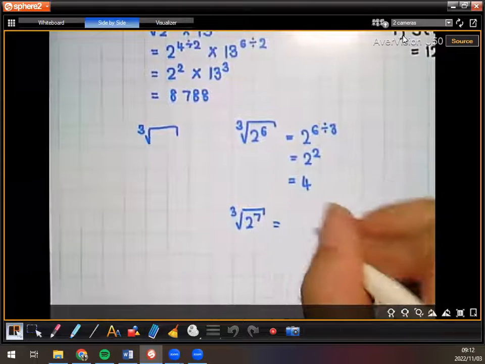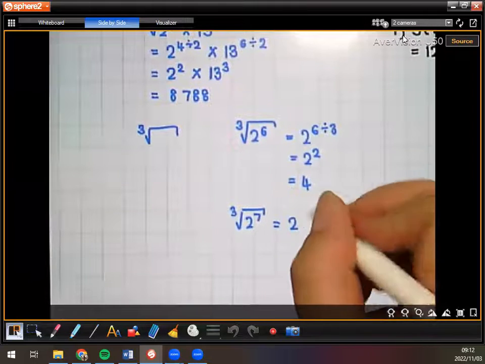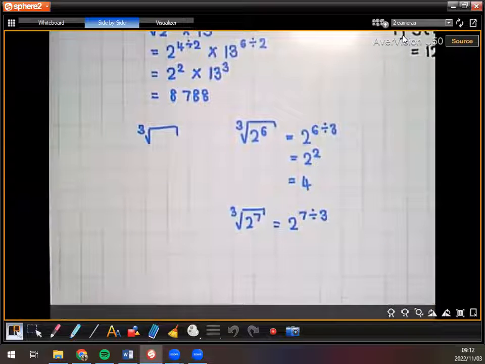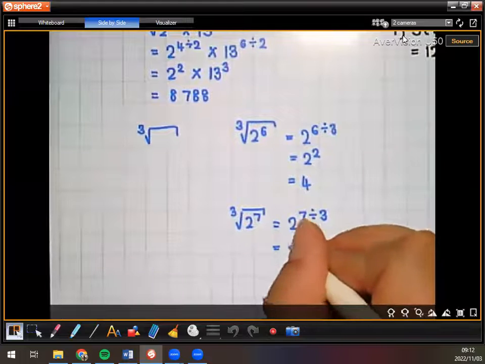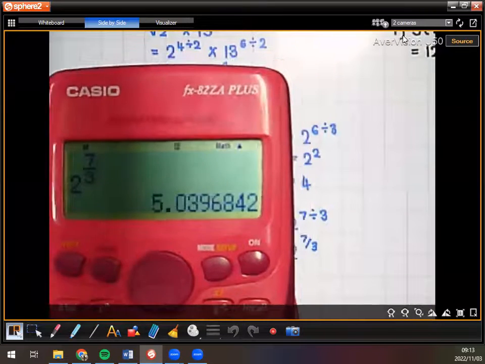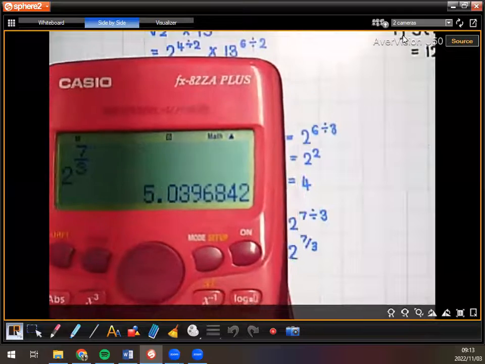Now I would have to say, okay, 2, and then I'm going to take that exponent divided by 3. But is that going to give me a whole number? 2 to the power of 7 over 3. We don't even know how to work that out. You can work it out on the calculator. I'll show you quickly what the value is equal to. It's 5,0396842.